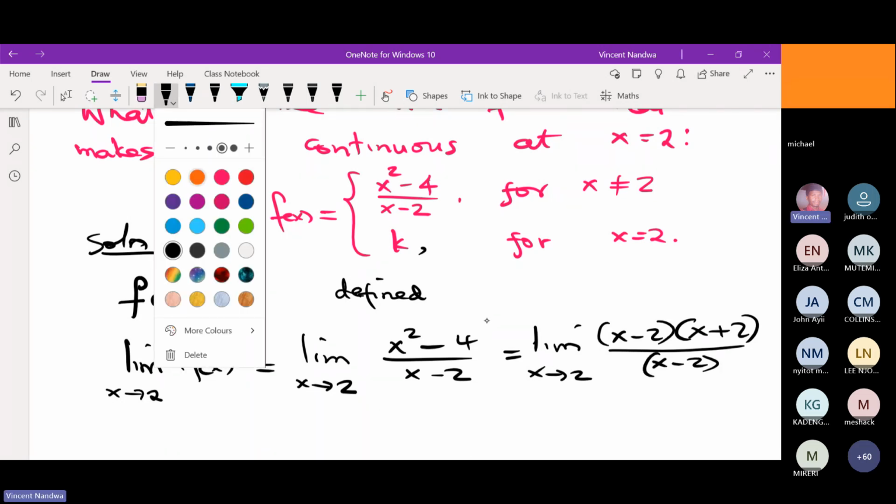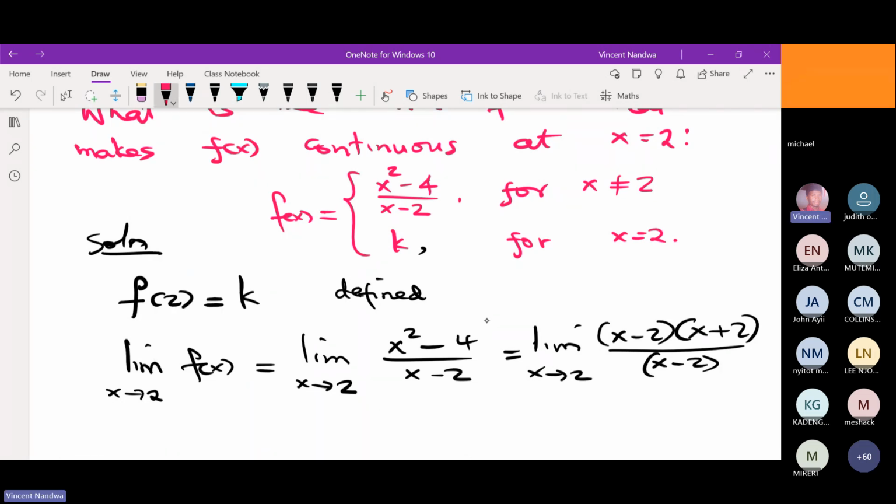By doing so, this bracket and this bracket cancel out, so that we have the limit as x approaches 2 of x plus 2.